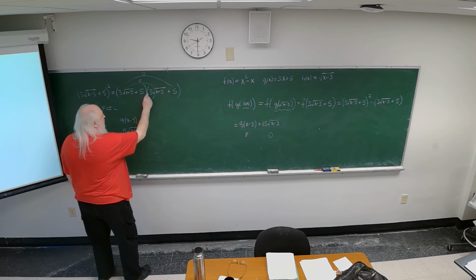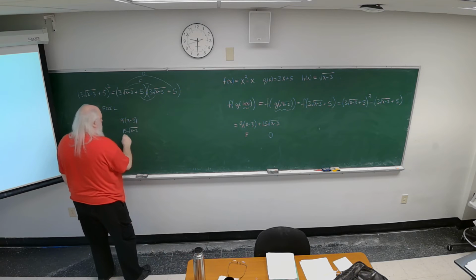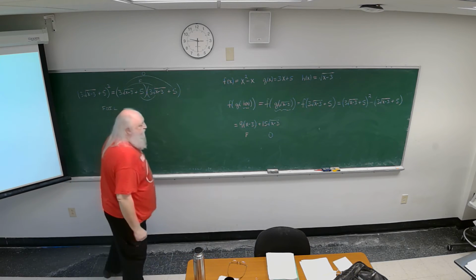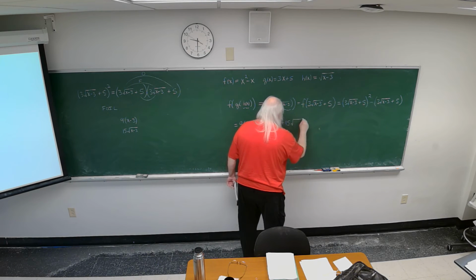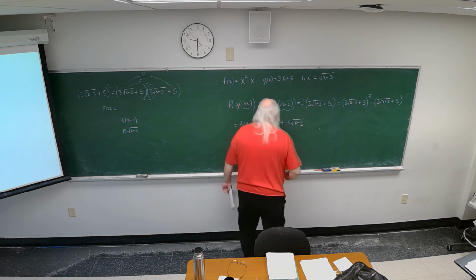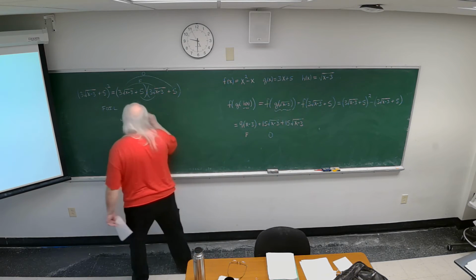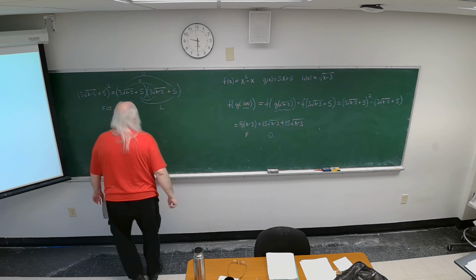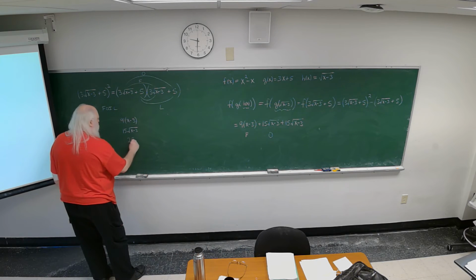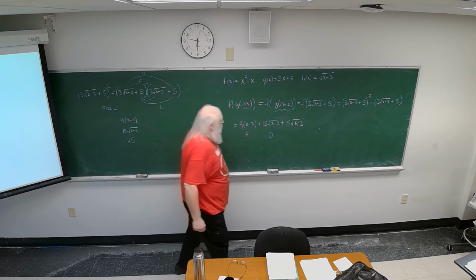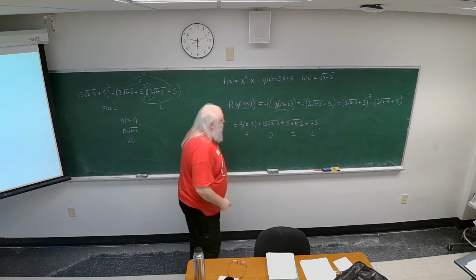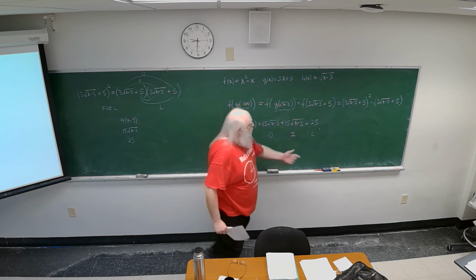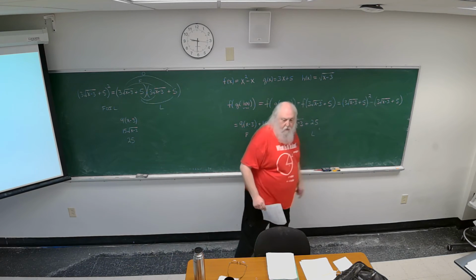And again, 5 times 3 times the square root of x minus 3 is 15 times the square root of x minus 3. And then the L is last terms, right? 5 times 5 is 25. So that's what you get when you FOIL this sum squared. Okay?